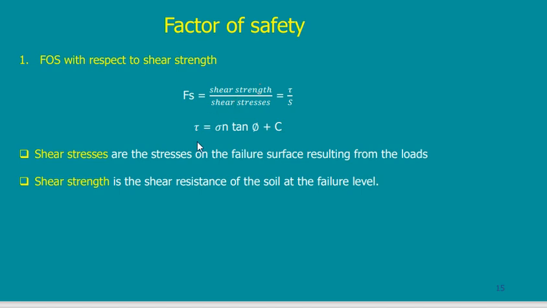But there is a force acting on the soil with a certain value. If I have S equal to tau, then my factor of safety will be 1, because there is an external force acting on the soil, and the soil can carry this external force without any problem. So I don't have any factor of safety. I can carry the force that is coming to push me.